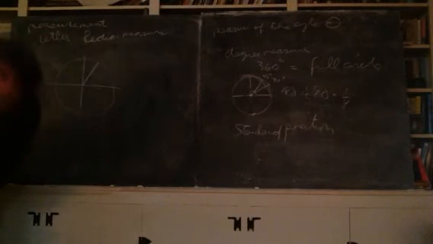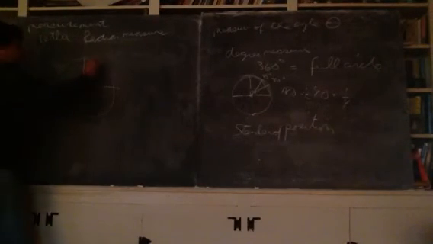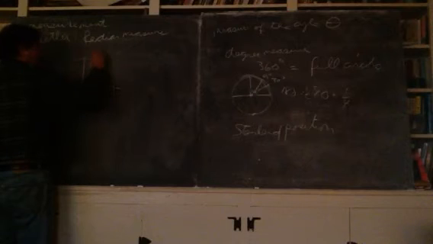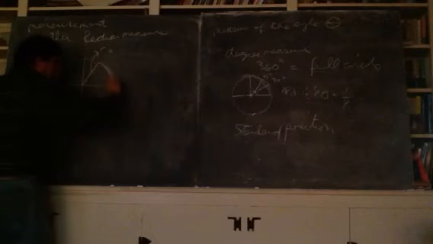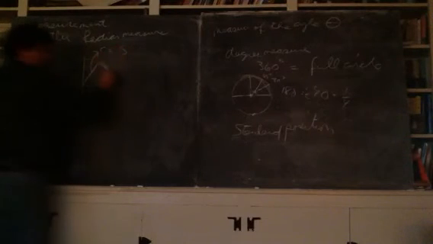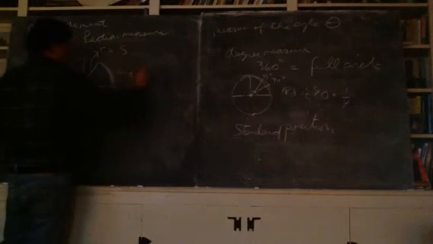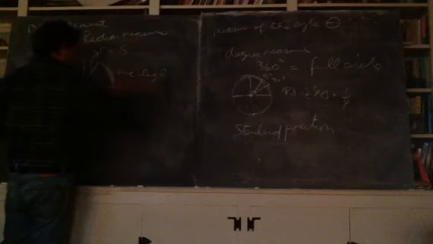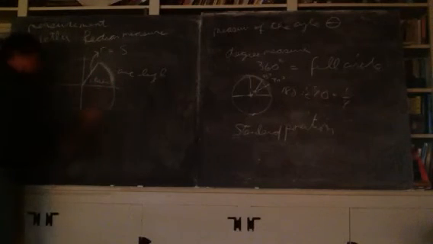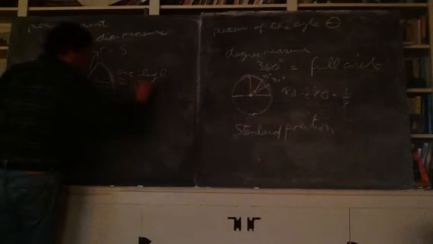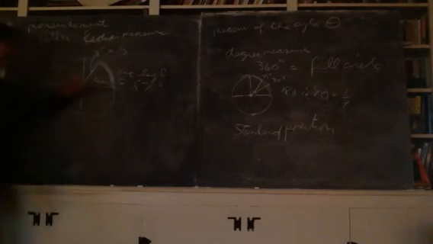One radian is when this length, we'll call it r for radius, is equal to that length, the arc length, which we'll call s. We're going to talk about how to measure arc lengths. But this is 1 radian, and it's approximately equal to 57 degrees.